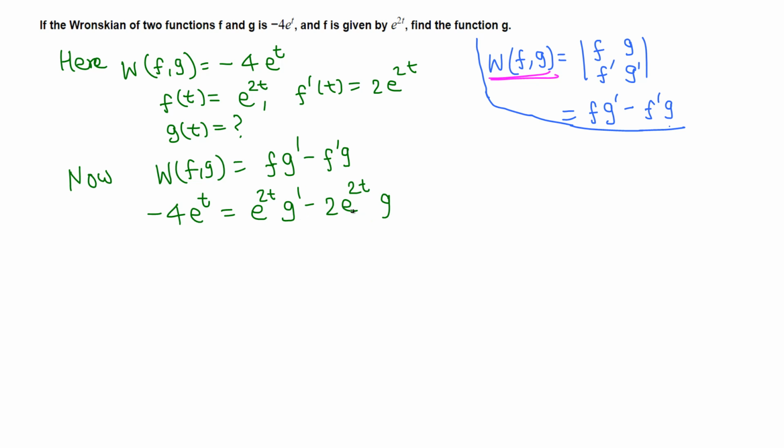This is a first order linear equation because we have an unknown function g and its derivative, and t is the independent variable. So let me rewrite it in the standard form.